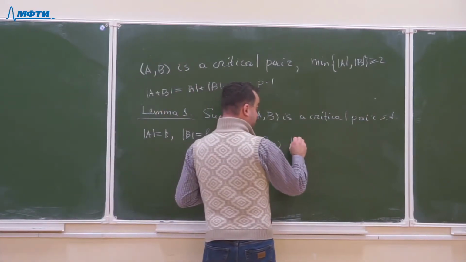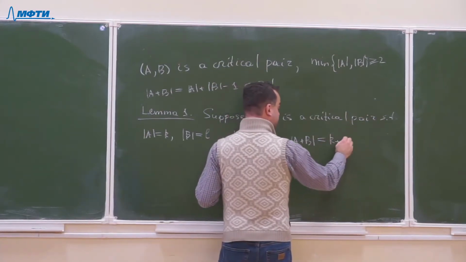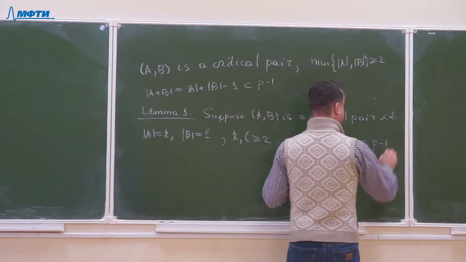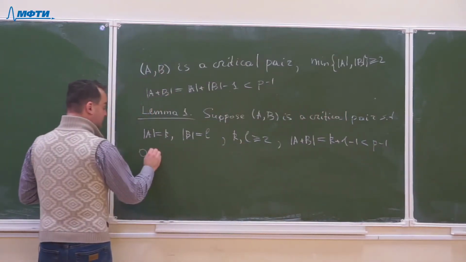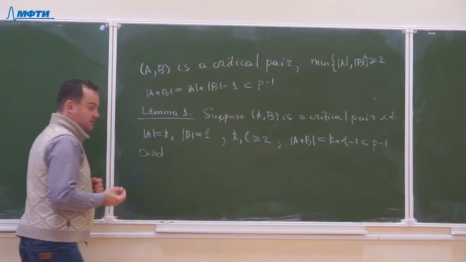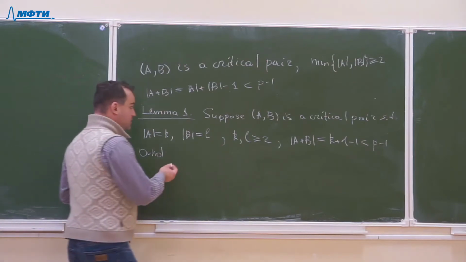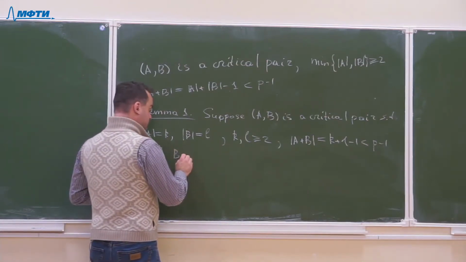The cardinality of A plus B is k + l - 1, which is strictly smaller than p - 1. And one more supposition, also B is an arithmetic progression.